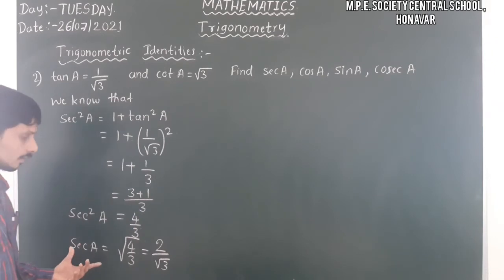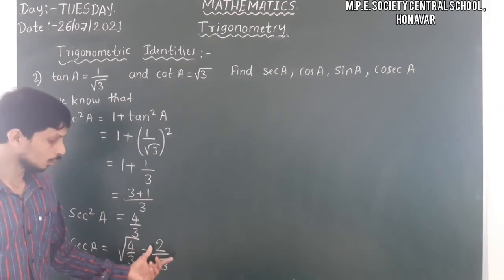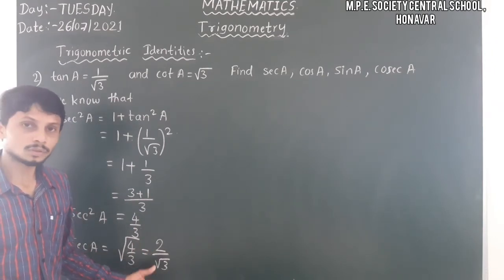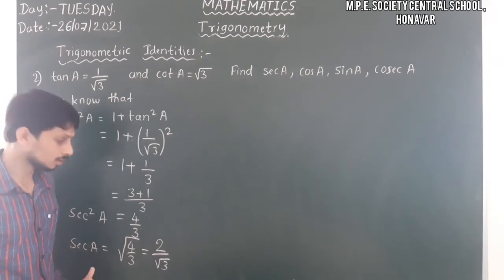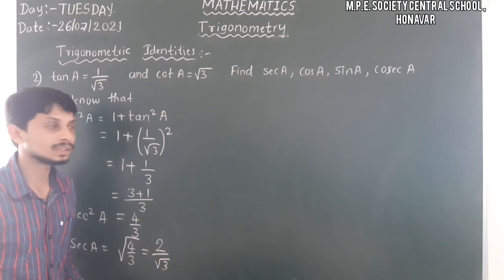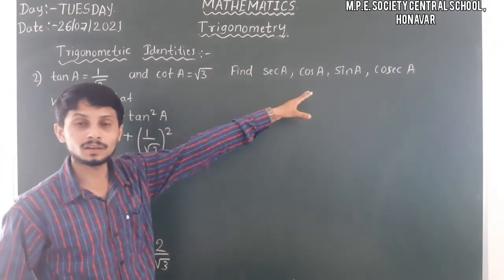Now, the value of secant a is equal to 2 by root 3. Here we got the value of secant a, and using it we can find the value of cos a.